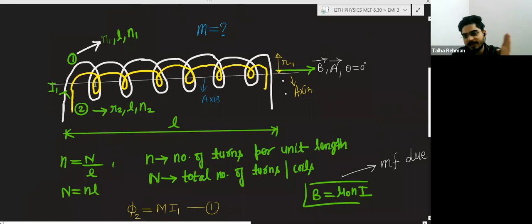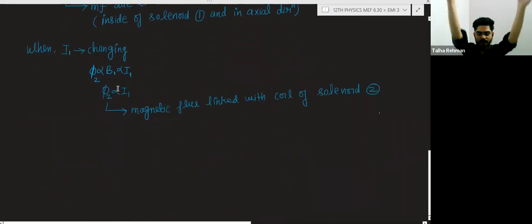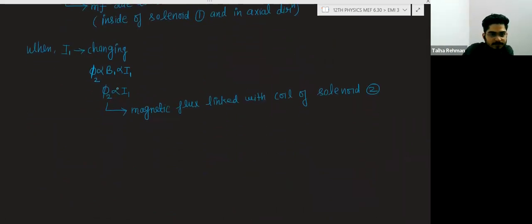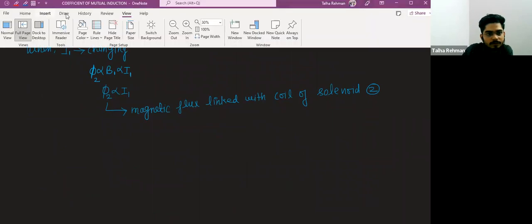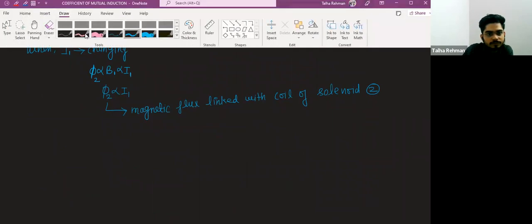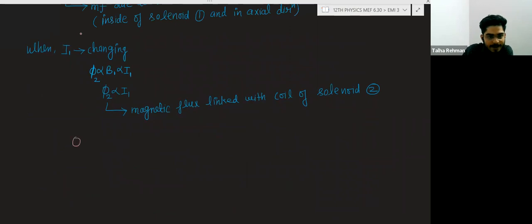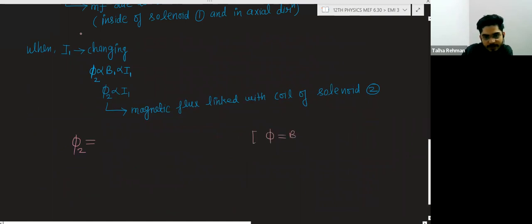Then we will multiply by the total number of turns, and we will get the total magnetic flux. So now the magnetic flux in solenoid 2 is given by, we know that the magnetic flux is given by BA cos theta.